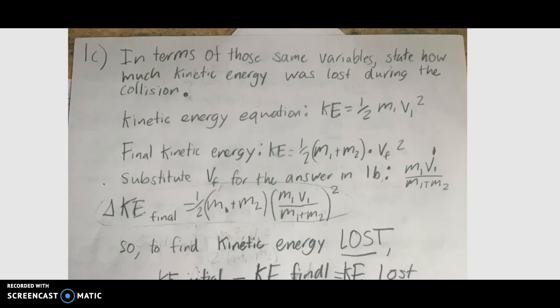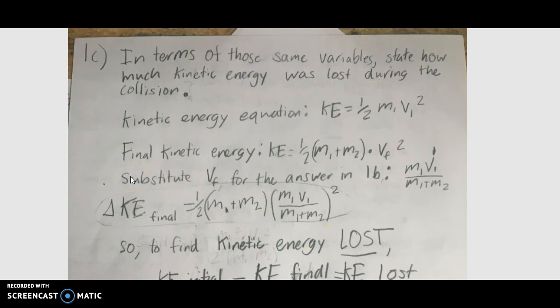Now, something important to know: why do we use m1 plus m2? Someone could easily get tripped up and think it was just one of the masses, or that they had to multiply the masses. But we add both masses to get the bigger picture of the entire system. So in adding m1 and m2 and multiplying by the final velocity squared, we get that final kinetic energy.